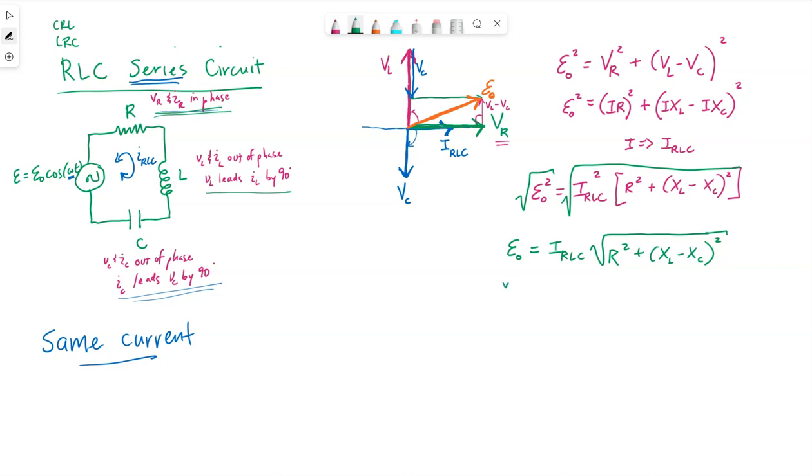Units though, volts is equal to amps times ohms. This quantity right here must have units of ohms. We call this impedance. Our author uses a capital Z to represent it.